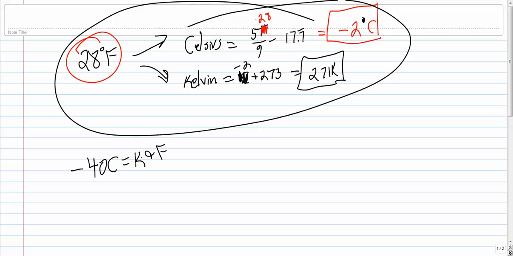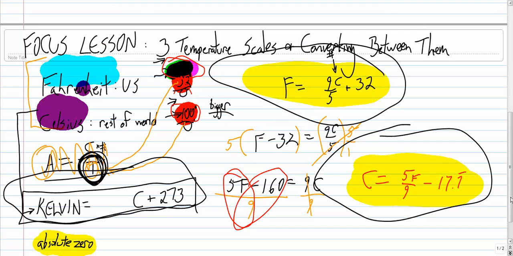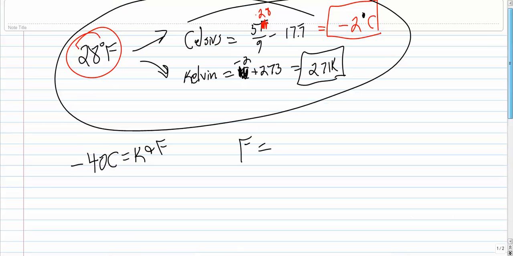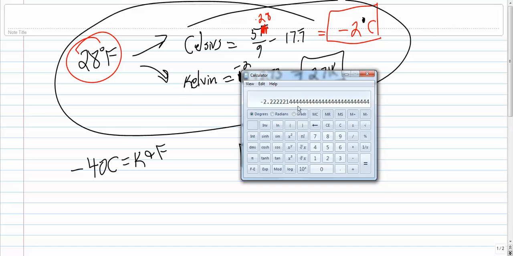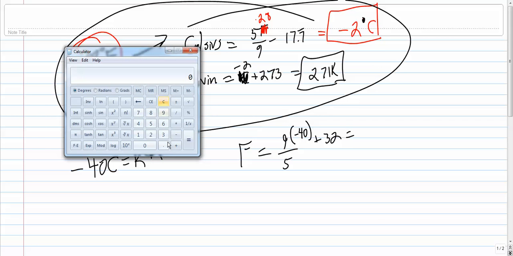So negative 40 Celsius. If I want to know Fahrenheit, Fahrenheit equals 9/5 C plus 32. So let's get out my calculator as fast as I can here. 9 times negative 40 is negative 360, divided by 5 is negative 72, then plus 32, negative 40, really.